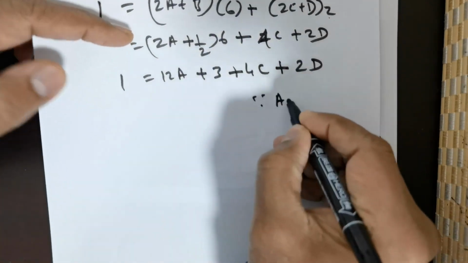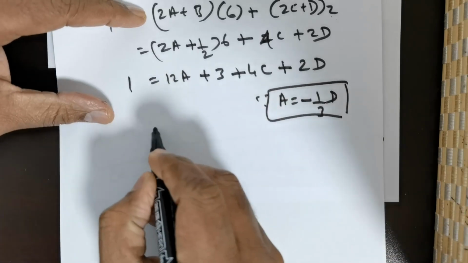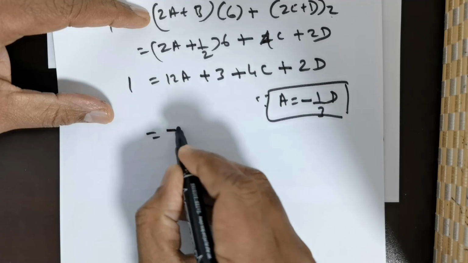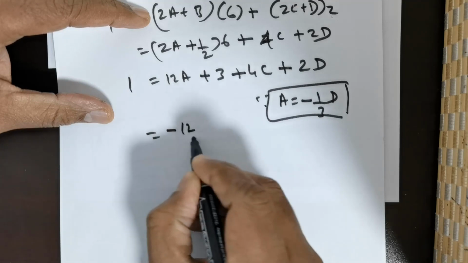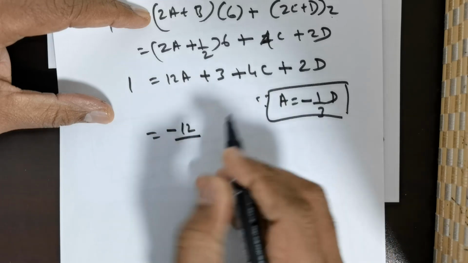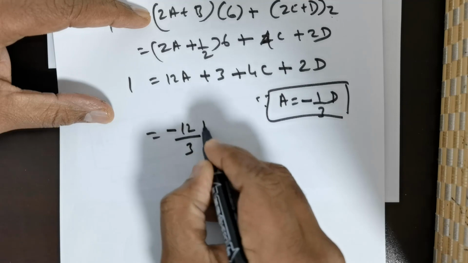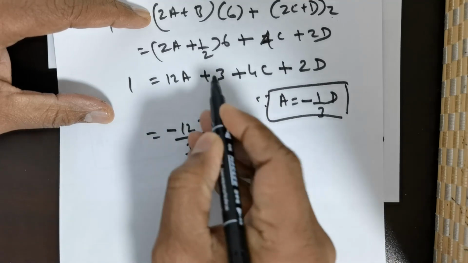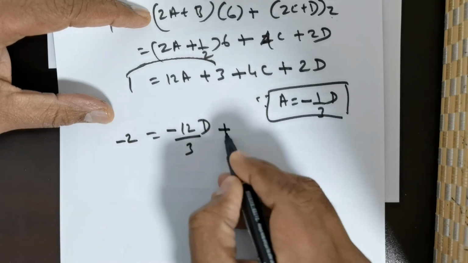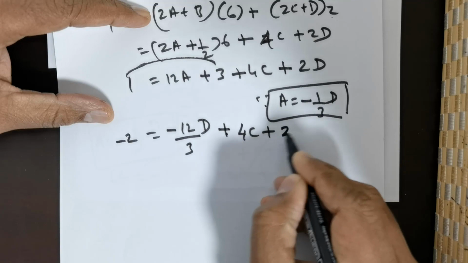Now we got the value for a. Now a is equal to negative 1 over 3 times d. So you substitute that. This is going to be negative 12 times the value of a substituted, so that's going to give me a 3 there and a d there. In fact, I can bring this 3 to the other side, so that is going to be negative 2 positive 4 times c and 2d here.